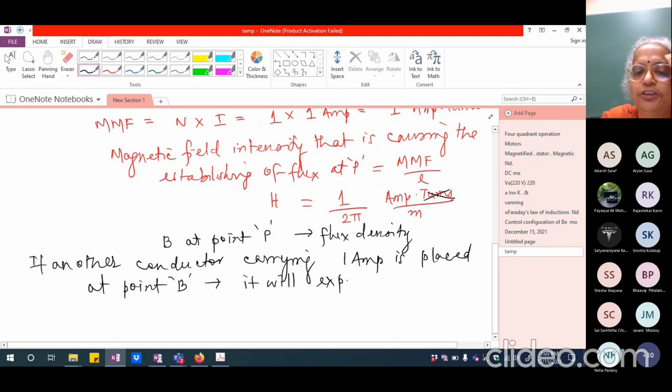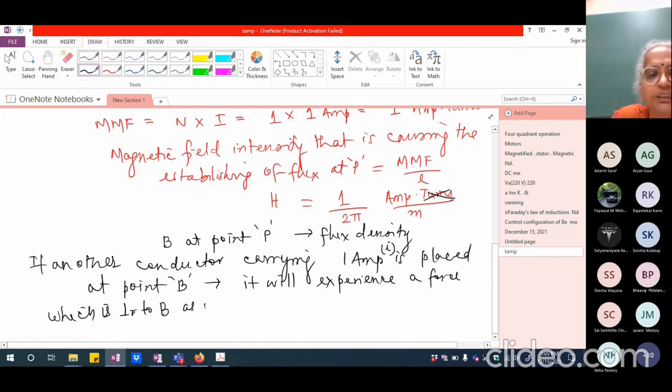It will experience a force which should be actually perpendicular to both B as well as I. So this 1 ampere of current, let me call as some small i. So it will experience a force in a perpendicular direction, which is perpendicular to B as well as I. That is how it is going to experience a force.